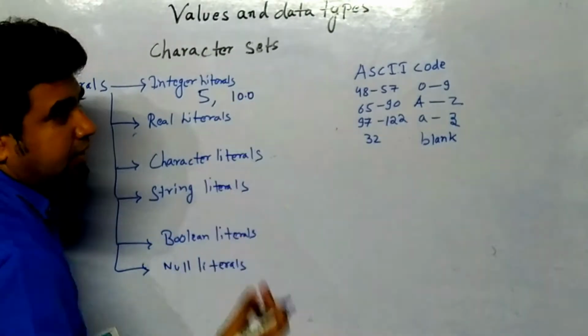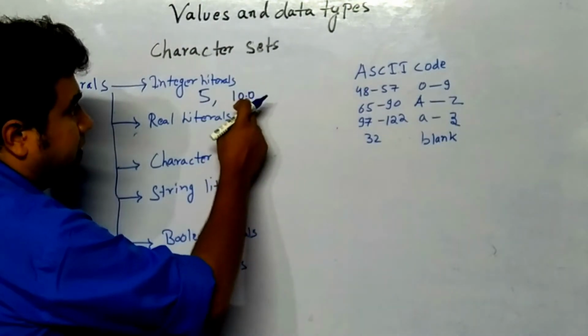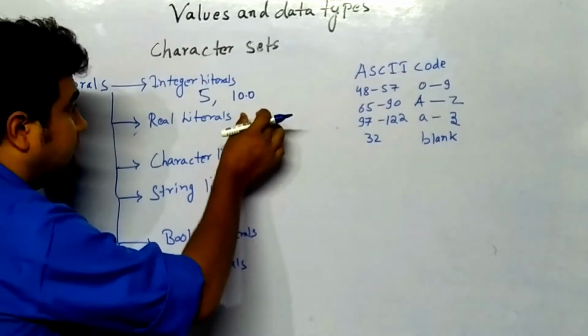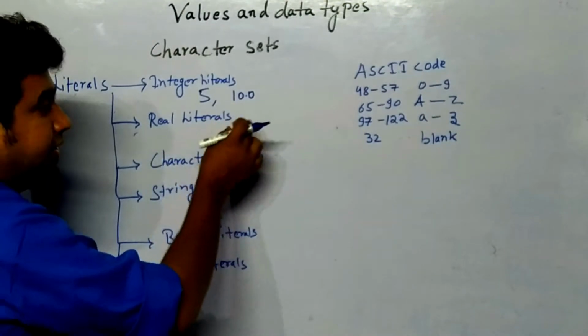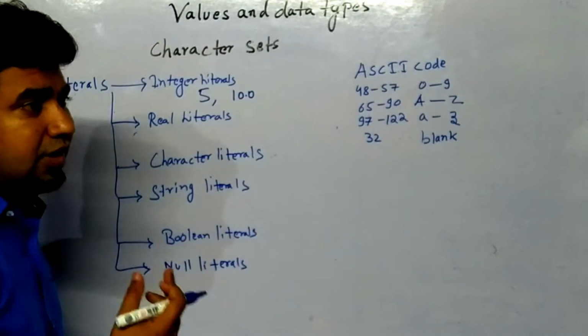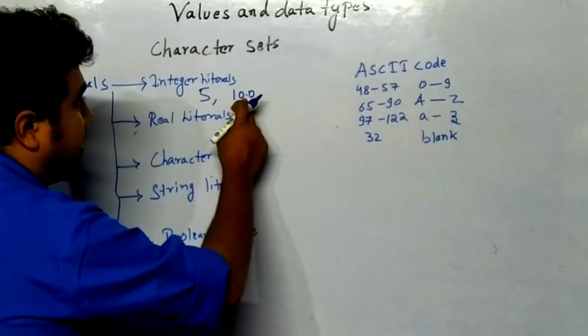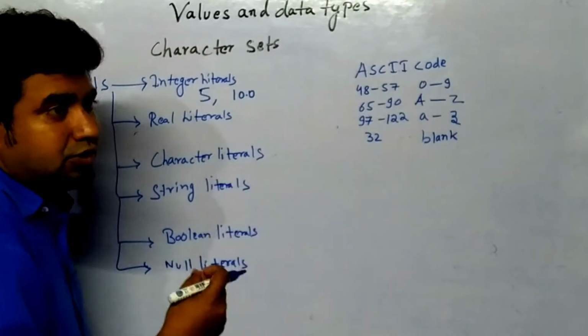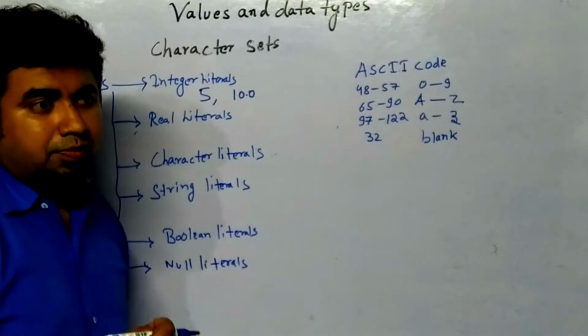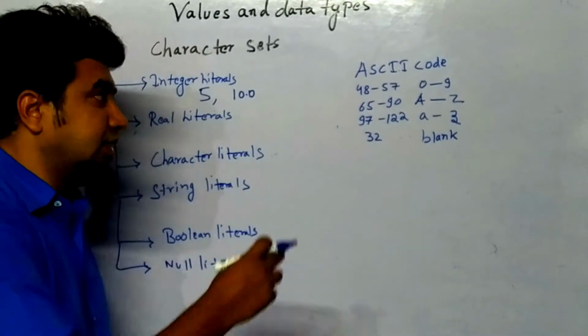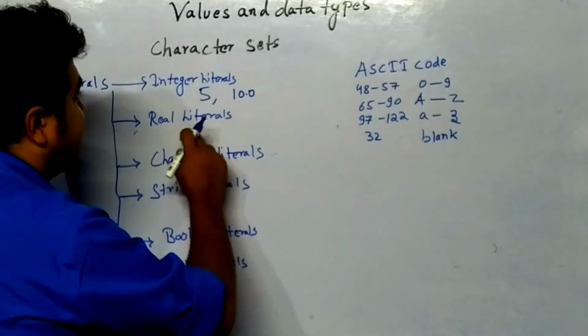Even though the value is 10, but I have written 10.0, it is already converted into a real literal. Real literals means it will have a floating part, meaning after the decimal point. So here also after the decimal point there is 0, but after the decimal point there is a number. That is why this is considered a real literal.